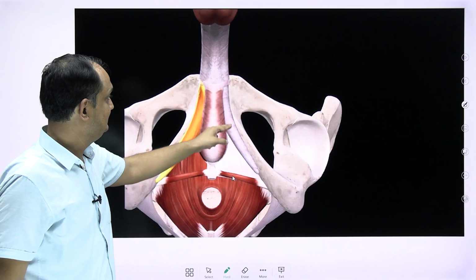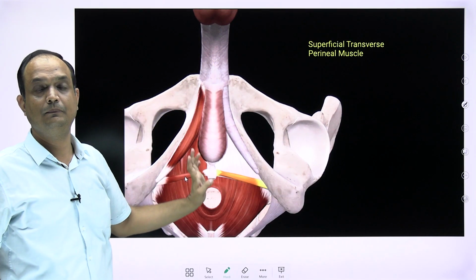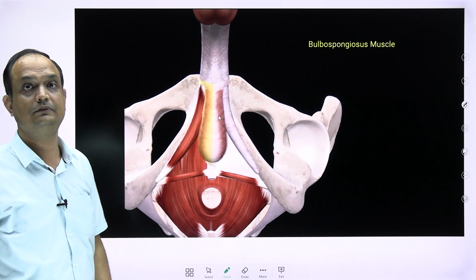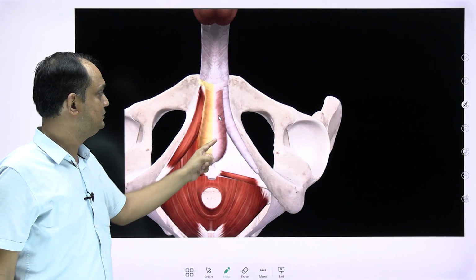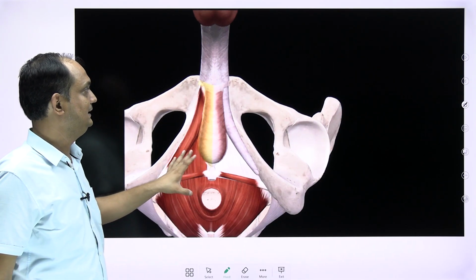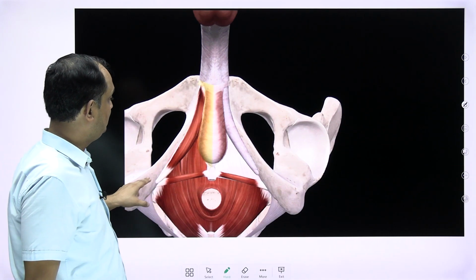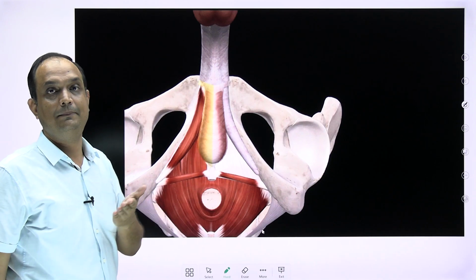So, this crus is a continuity of the erectile tissue which is present in the body of penis, and here posteriorly you have the superficial transverse perineum. This is the bulb which is covered by the paired bulbospongiosus muscle. So, here you have to understand that when we are talking about the muscles of the superficial perineal pouch, we are talking about the muscles which lie below the perineal membrane.